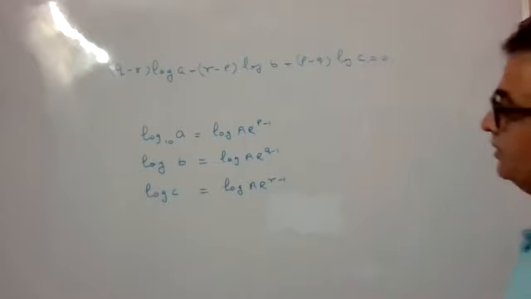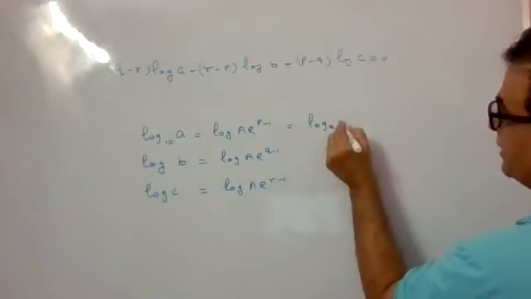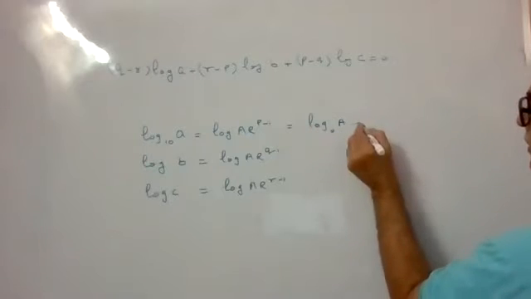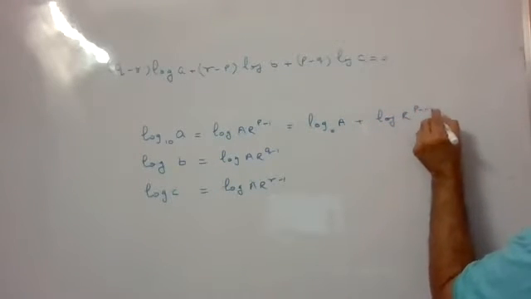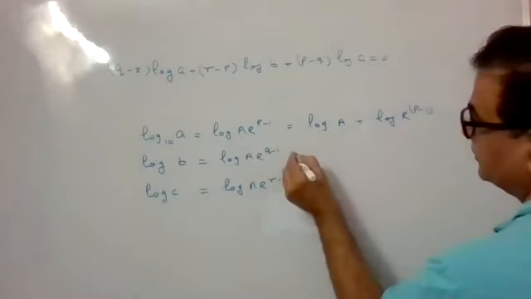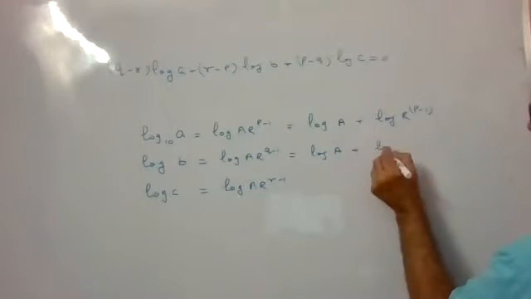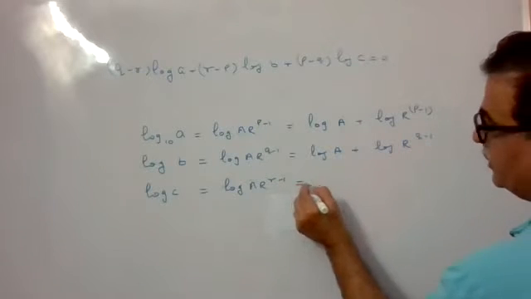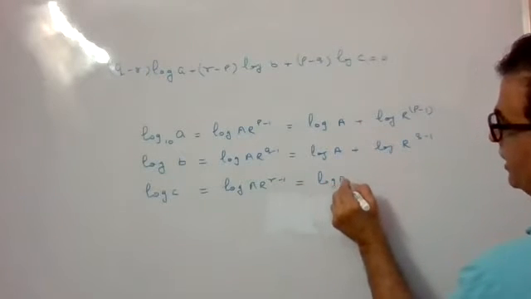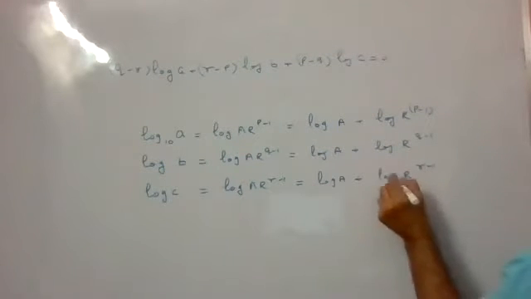Okay? This you can write as log of A plus log of R power P minus 1. This will be again log of A plus log of R power Q minus 1, and this will be log of A plus log of R power R minus 1.